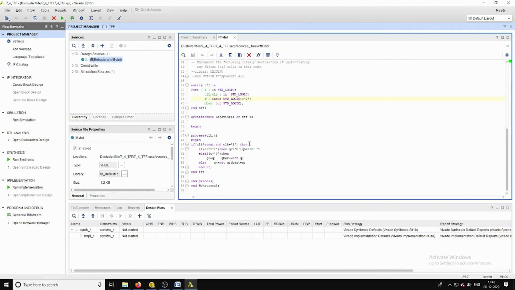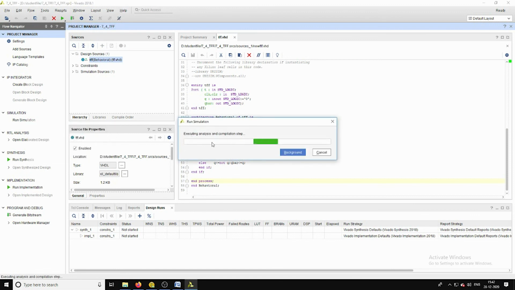See, for this positive edge of the clock, we are going to consider the logic. If clear equal to 1, output will be assigned as 0. If the input equal to 0, then there is no change of output. But when input equal to 1, the output will toggle. See, this is the simple logic for the T flip-flop.